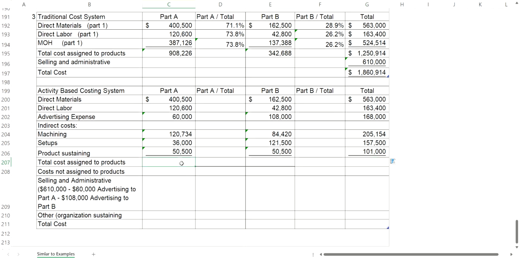Now, for total cost assigned to the product, I'll start with materials and add all the way through product sustaining. Okay, I'll do the same thing for product B. And for the total column.